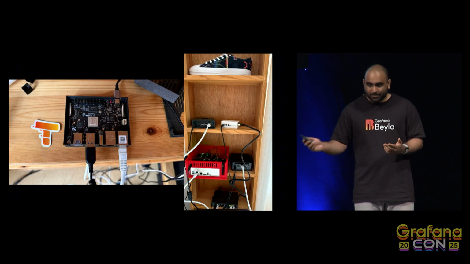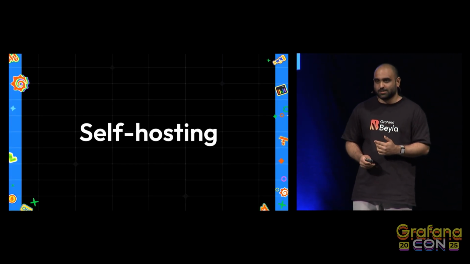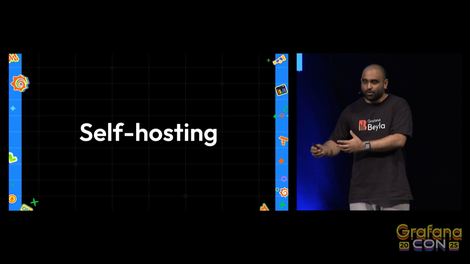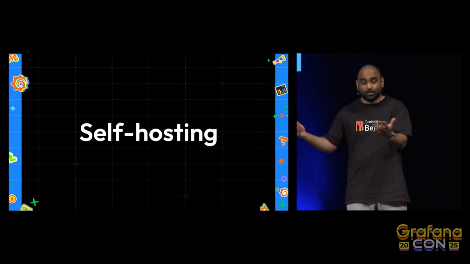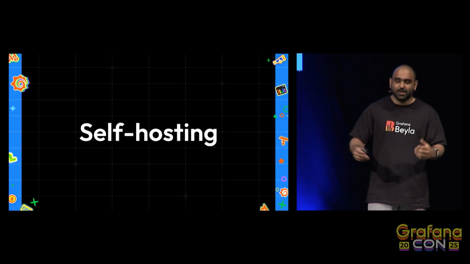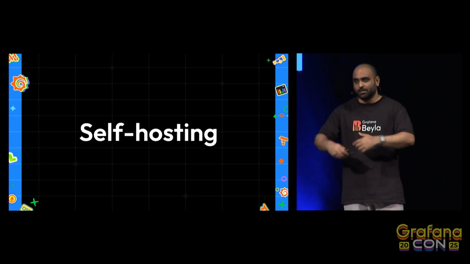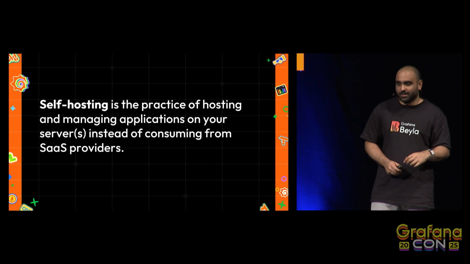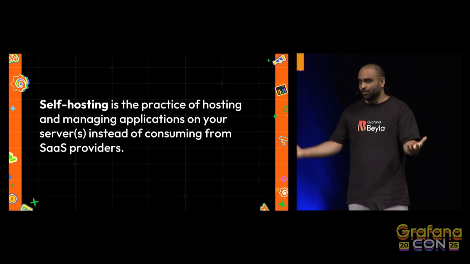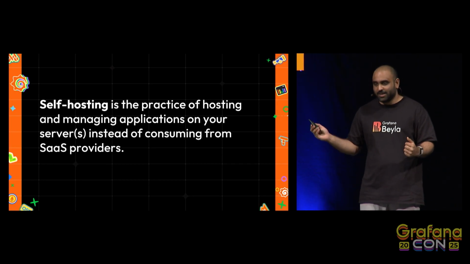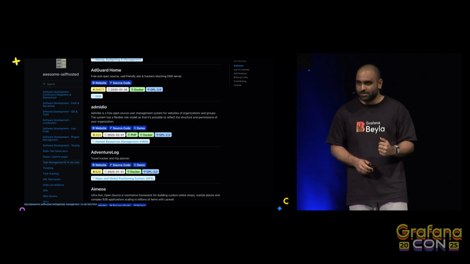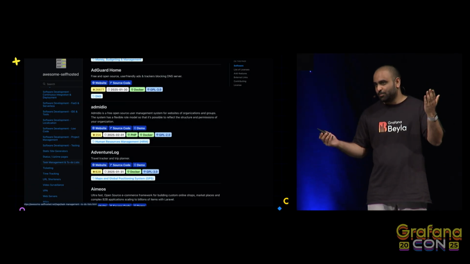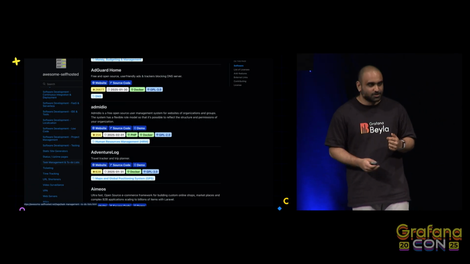Self-hosting is basically the process of running your own service on your own infrastructure instead of relying on a cloud vendor and paying them money or your data. And basically, I had no clue. I just built up this whole Homelab. And there's this amazing website called Awesome Self-Hosted that gives you all the potential things that you could self-host.